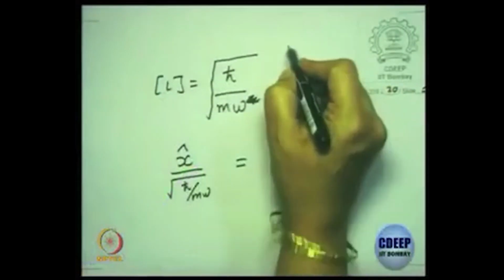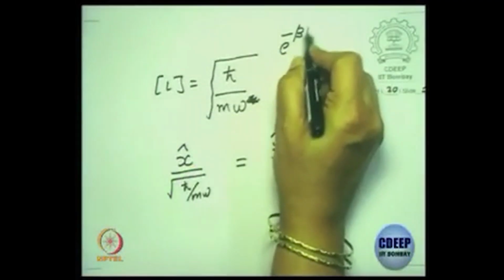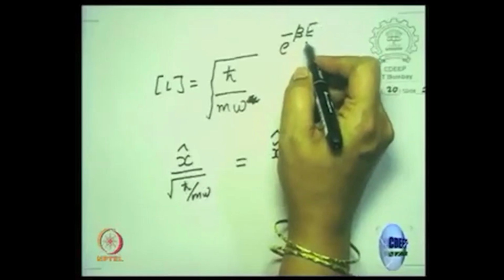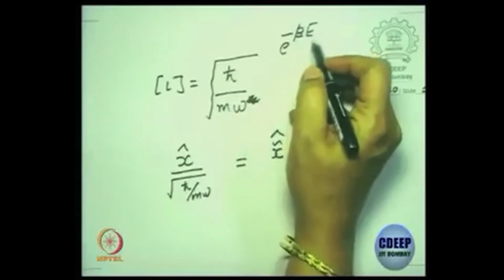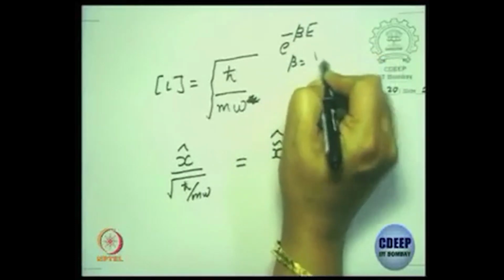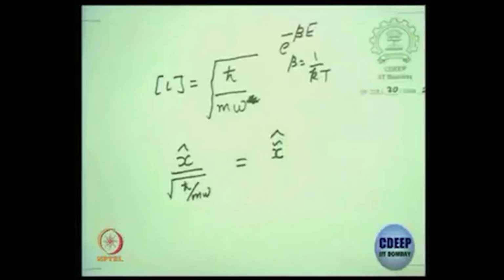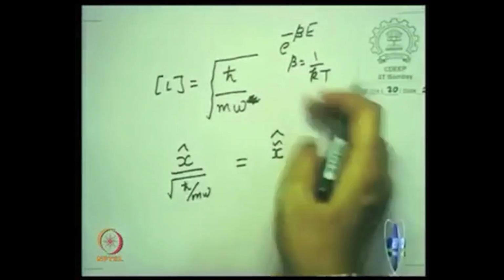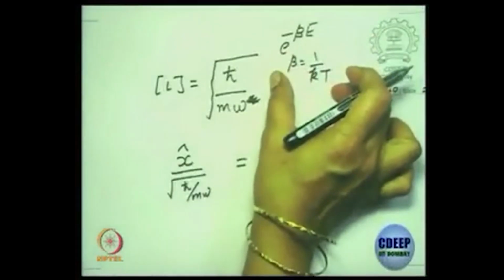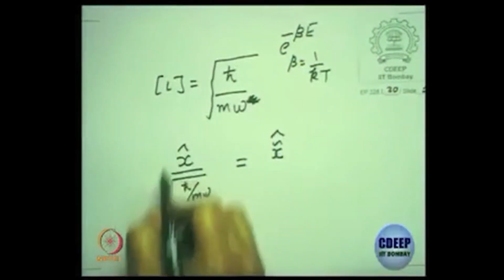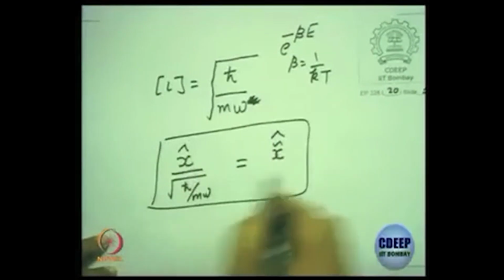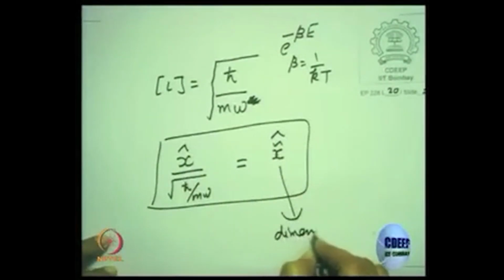If you see your Boltzmann distribution, you write e to the minus beta E, right? Beta should have dimensions of inverse energy so that the exponential becomes dimensionless. So beta is 1 by kT, and you can call beta a dimensionful quantity with inverse energy, so that E by that is dimensionless. In a similar way you can treat this one to be dimensionless.